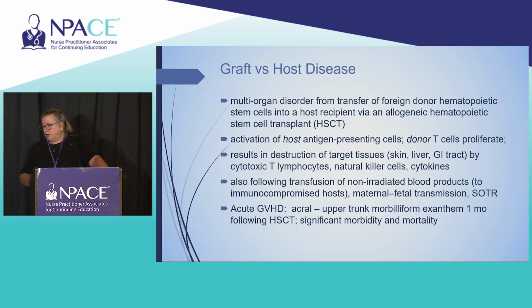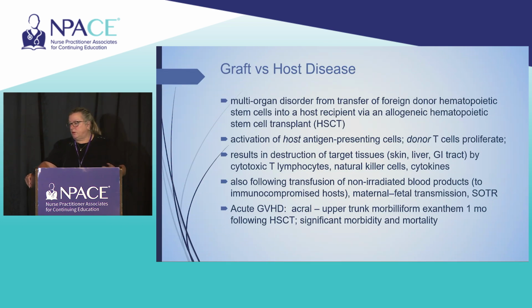Graft versus host disease is a multi-organ disorder, but it does have significant morbidity and mortality. So what happens is that the host antigen presenting cells cause destruction of target tissues in the skin, but also in the liver and GI tract when it activates cytotoxic T cells.